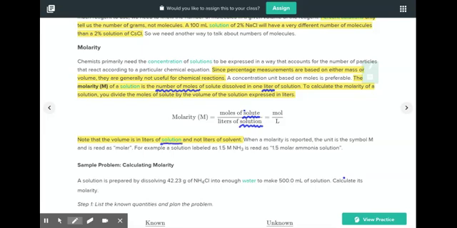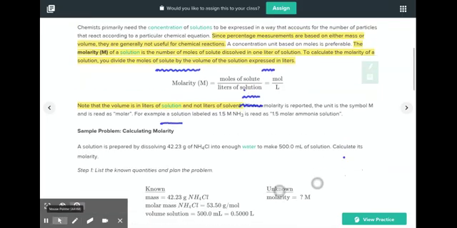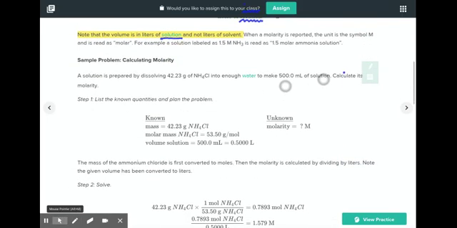Solution means the volume of the entire thing, the solute plus solvent, like sugar plus water, not just water. So it's very straightforward, and we have the formula. Now we can calculate the molarity and do some word problems.